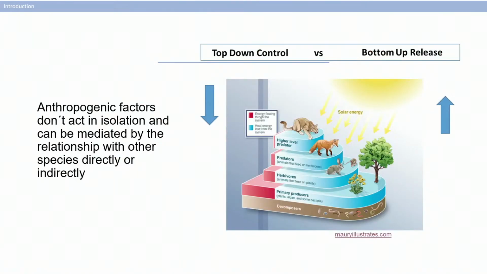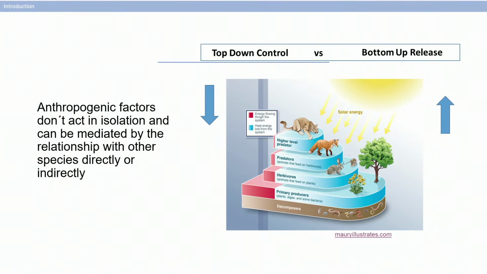We have to keep in mind as well that animals don't respond only to environmental factors. They can be mediated by the community. The most common or popular concept is top-down control, which is basically the effect that top predators have over the remaining levels in the trophic web.